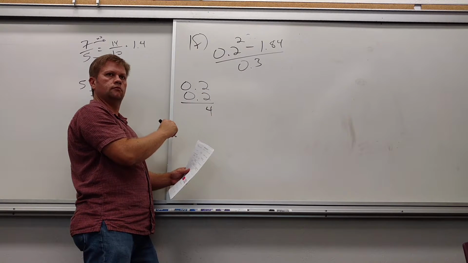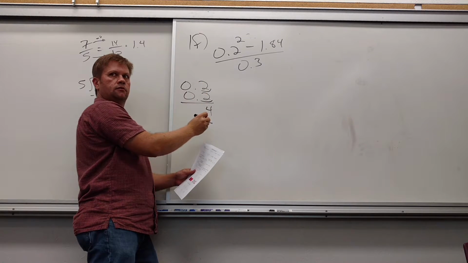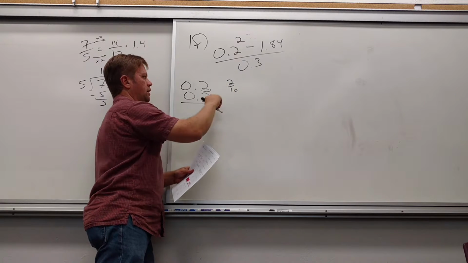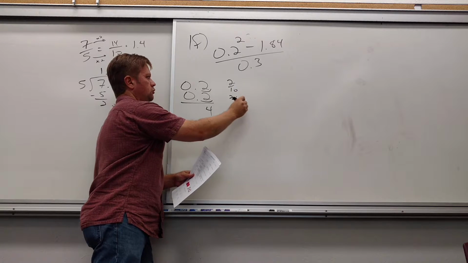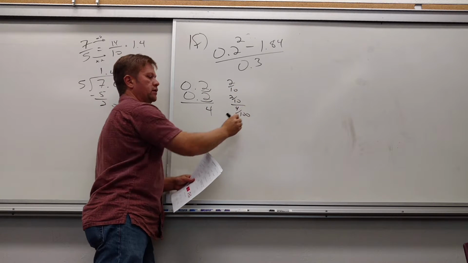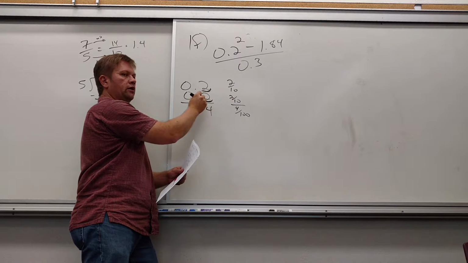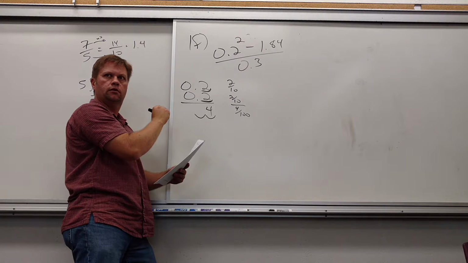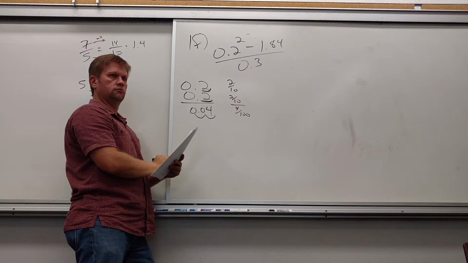And then you go back twice. Remember, this is 2/10, and this is 2/10. 2/10 times 2/10 is 4/100ths. That's why every place in each number contributes to the total number of times you have to go back in the answer. So 0.04.